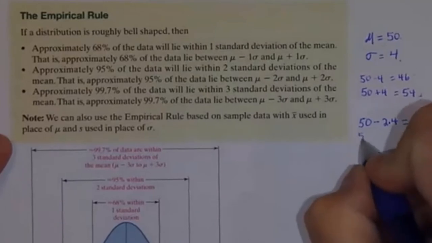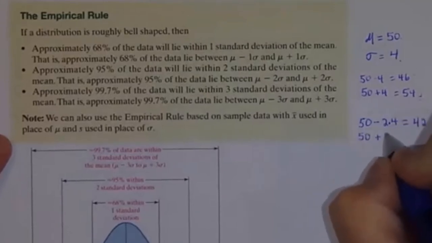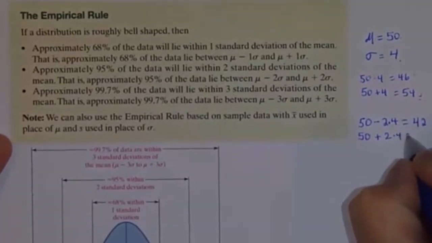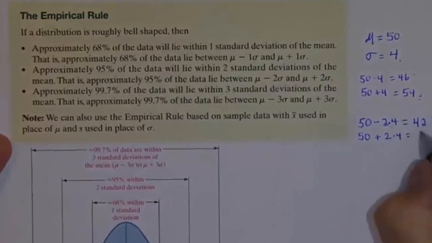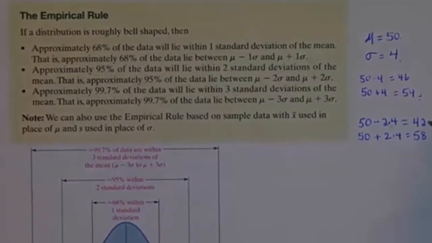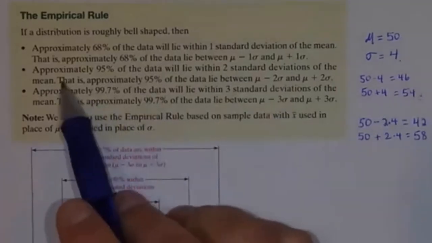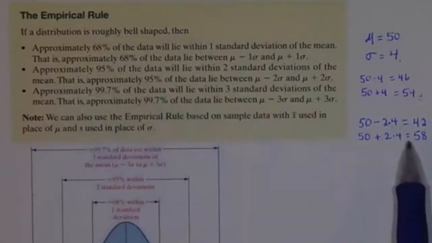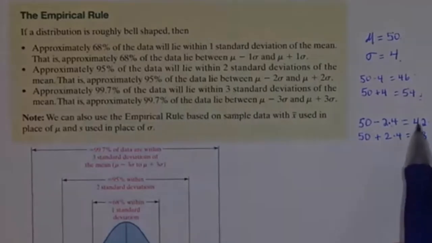In the same way, if I take 50 plus 2 times 4, well, 2 times 4 is 8, and 50 plus 8 would be 58. So 42 would be 2 standard deviations below the mean. 58 would be 2 standard deviations above the mean. So according to the empirical rule, about 95% of the data values would be between 42 and 58.